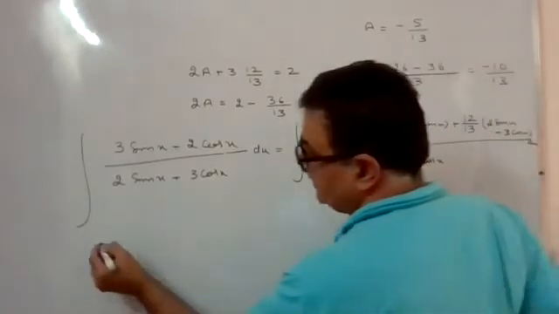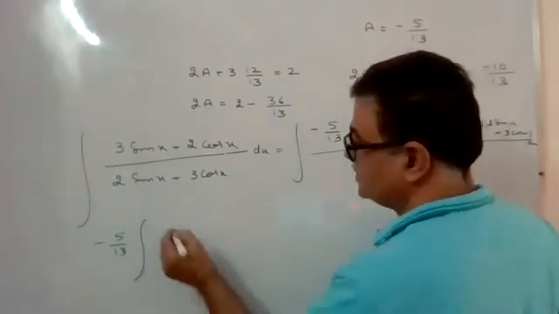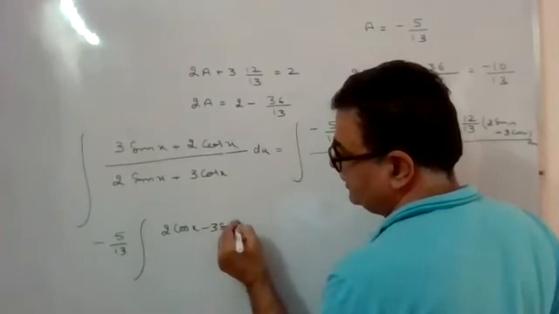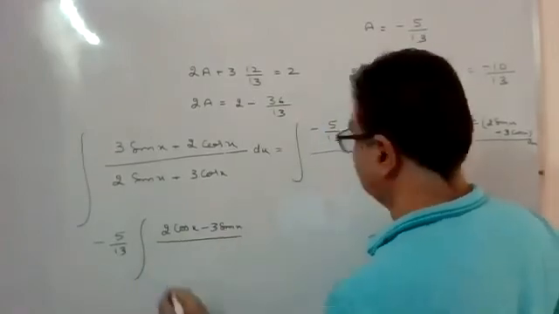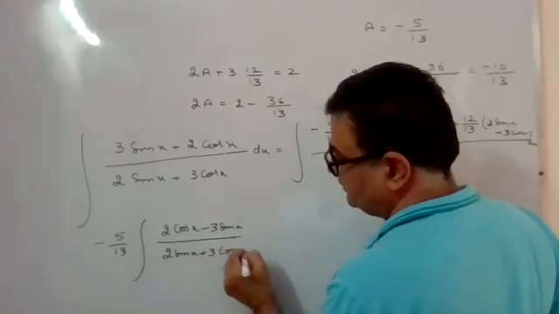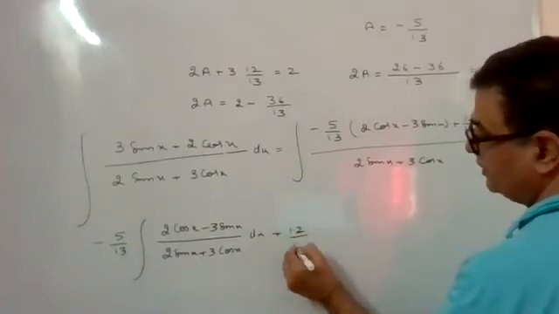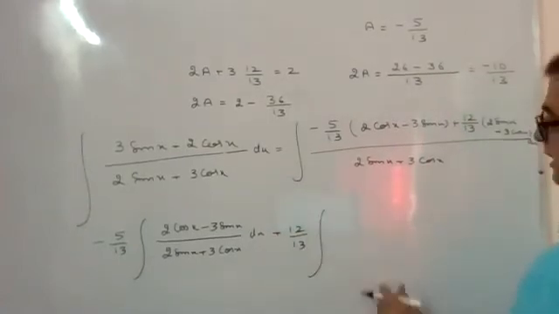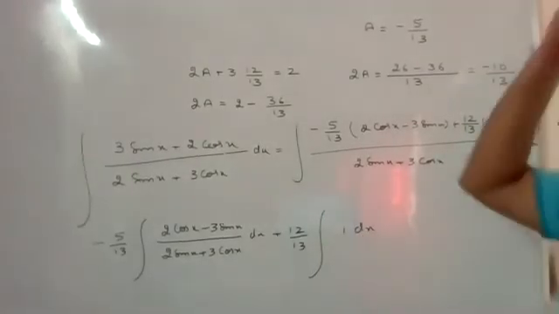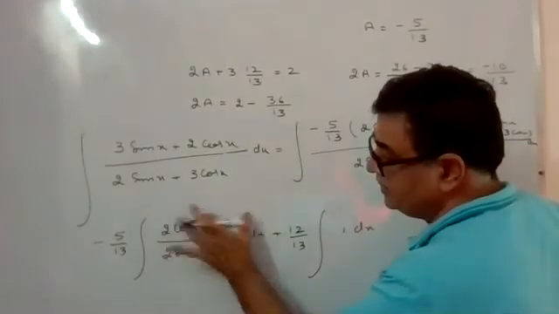Now we will write this as minus 5 by 13, 2 cos x minus 3 sin x whole divided by 2 sin x plus 3 cos x dx. Second will be 12 by 13, and then this and this get cancelled out, so it will be 1 dx. If you take this as t, this is dt here.